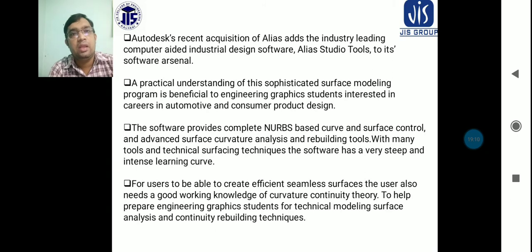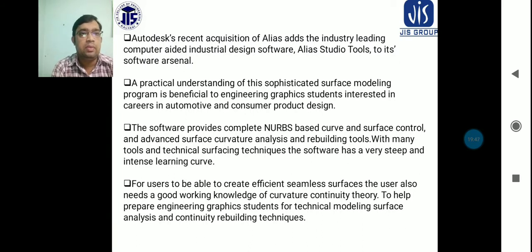Autodesk's recent acquisition of Alias adds industry leading computer aided industrial design software, Alias Studio Tools, to its software arsenal. A practical understanding of this sophisticated surface modeling program is beneficial to engineering graphics students interested in careers in automotive and consumer product design.